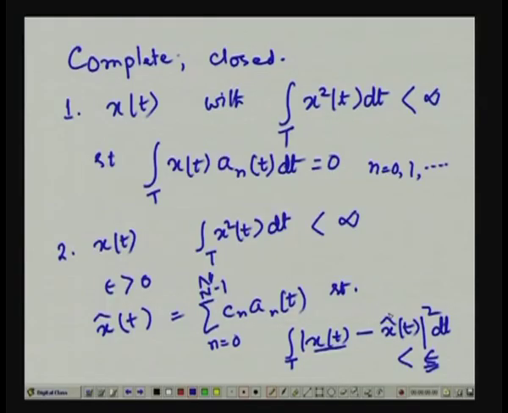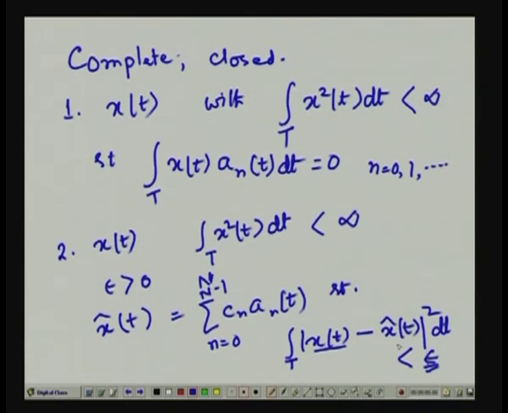an approximate expansion. And if x(t) is of finite energy, that is integral of x square(t) dt over capital T is less than infinity, then we can say that there must be a finite N, the number of terms, for which the error of the reconstructed signal, x(t) minus x hat(t) square dt, which is nothing but the energy of the error signal or the error introduced because of this truncation, must be limited.